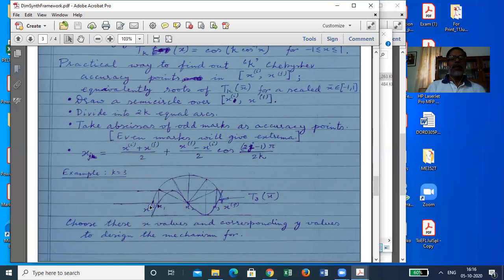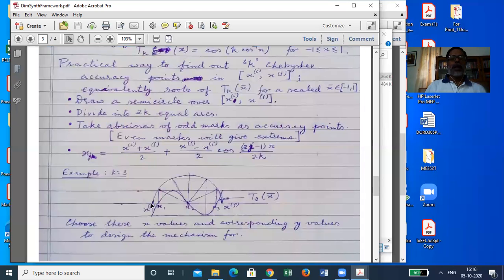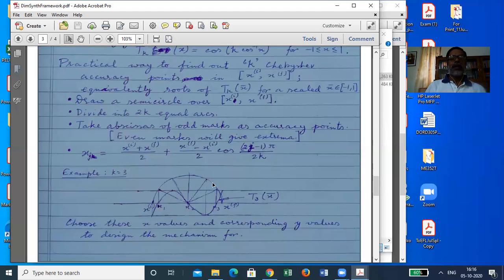So -1 at -1, plus 1 at minus half, and then minus half at plus half, and finally 1 again at x equal to 1. In between, and at the extreme, this one, this one, this one, and this one give you the extrema. These are the extrema we were talking about. In between these ones, this one is the 0.